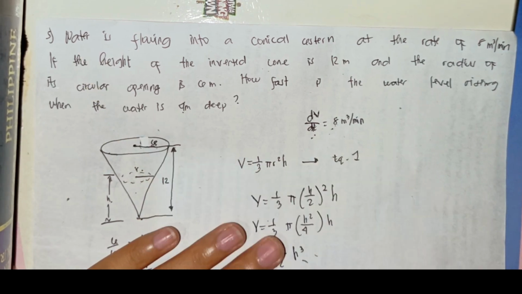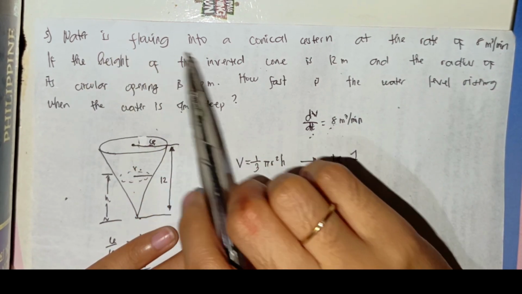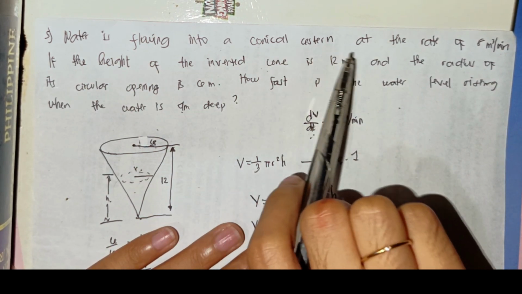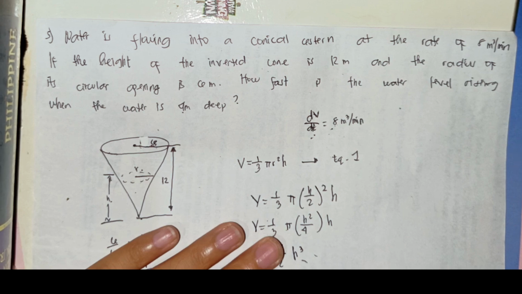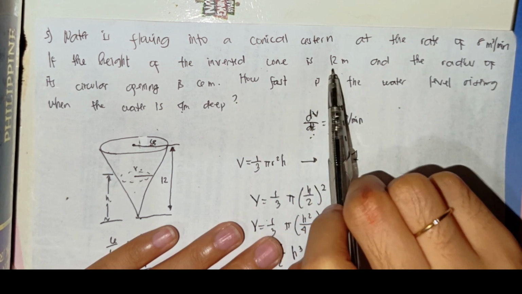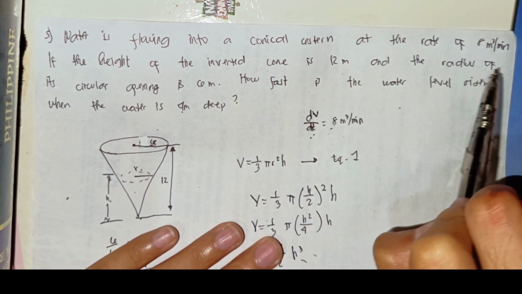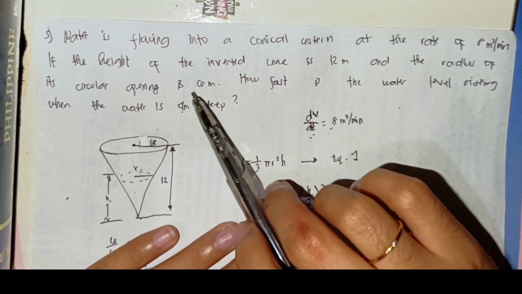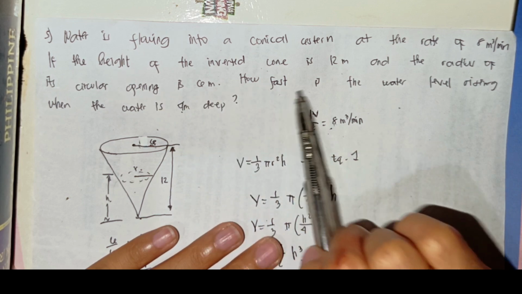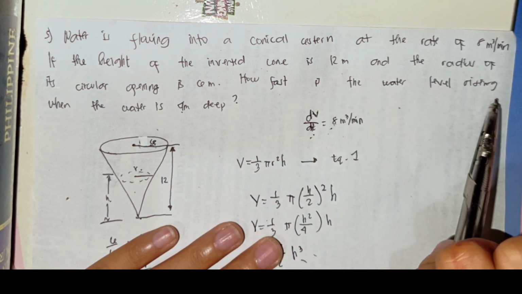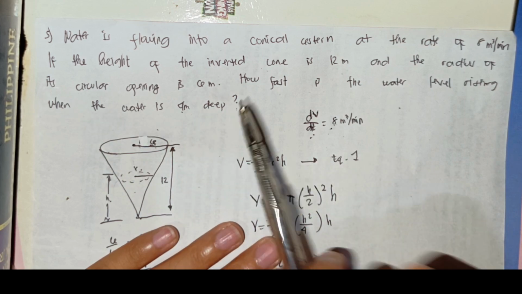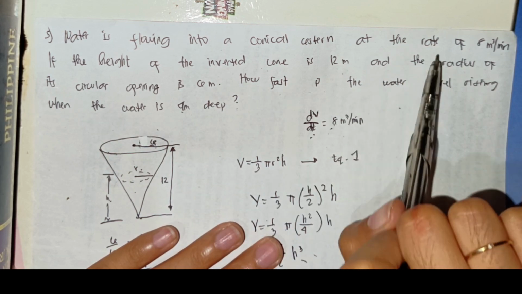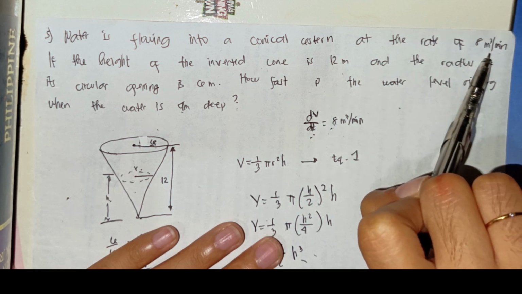Next is: water is flowing into a conical cistern at the rate of 8 cubic meters per minute. If the height of the inverted cone is 12 meters and the radius of its circular opening is 6 meters, how fast is the water level rising when the water is 4 meters deep?